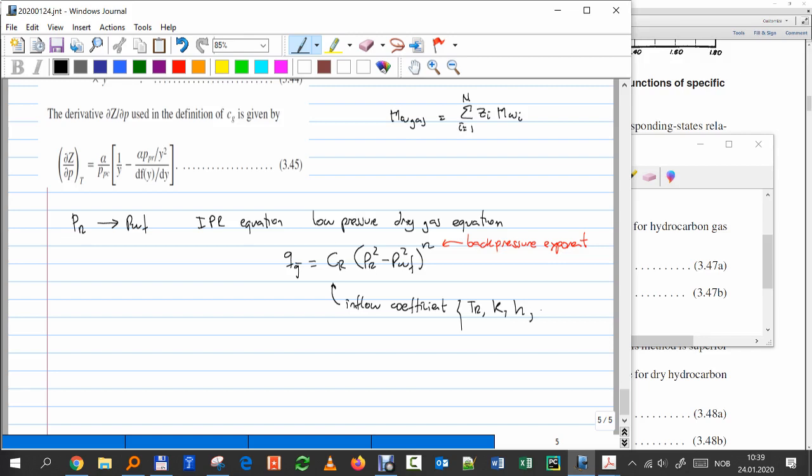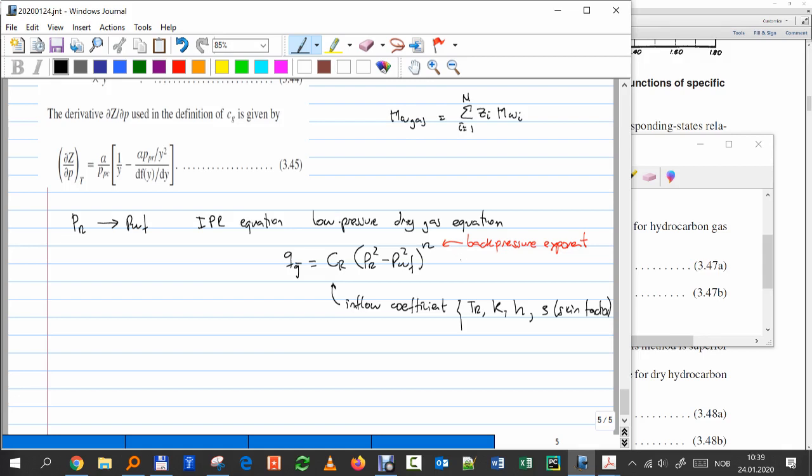Skin factor, let's call it skin factor. Okay, and N is simply saying if the flow is highly turbulent or highly laminar.